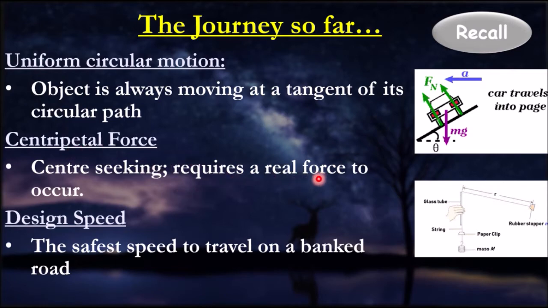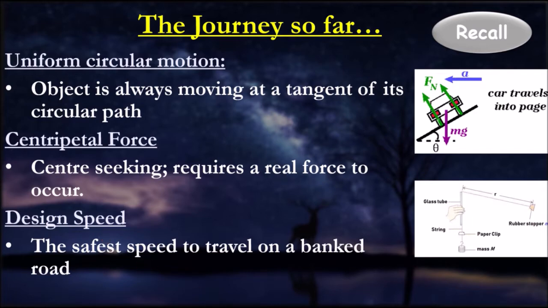We also know that the centripetal force is not a real force, it is just a resultant force. We also looked at objects going on banked curves, and we found out there is a particular formula that can help express how fast the object should be moving in order so that it maintains its circular path without deviating into a larger radius. And we call that the design speed.